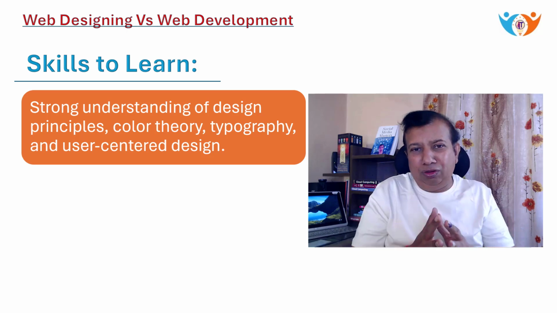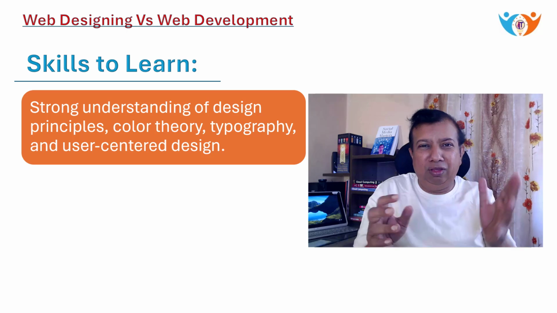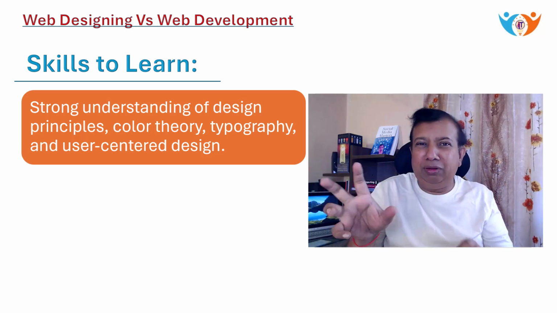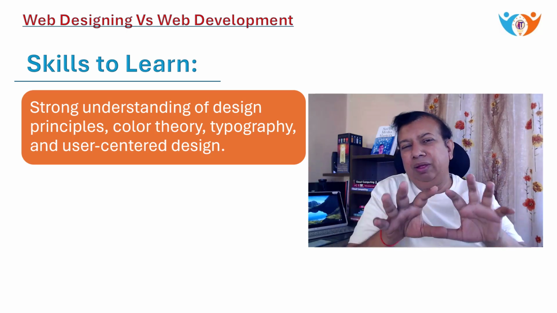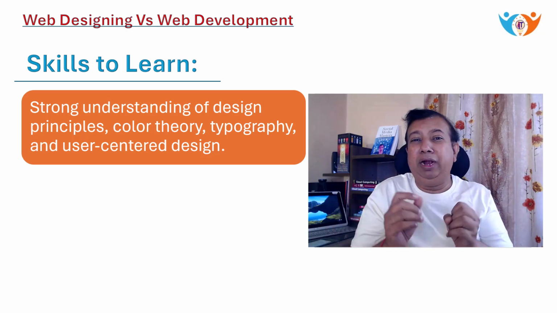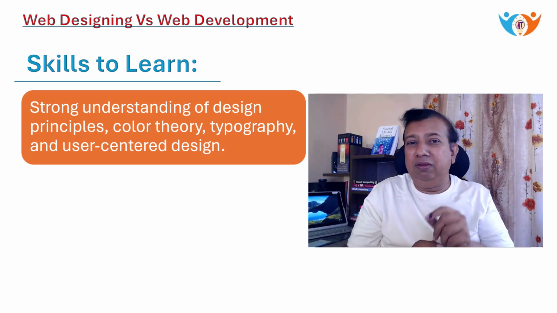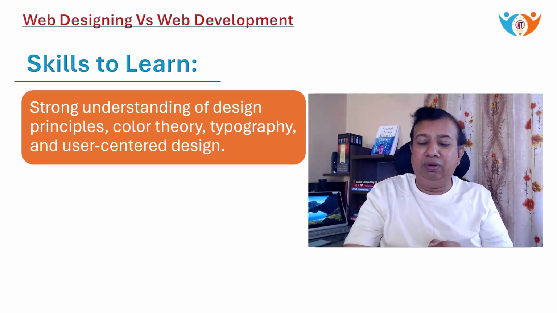And all those things you have to consider while deciding the fonts, colors, themes, backgrounds, images, characters. And then by considering all those elements, you have to create a mind-blowing effect in your designing. And this is a very important skill that one has to learn.